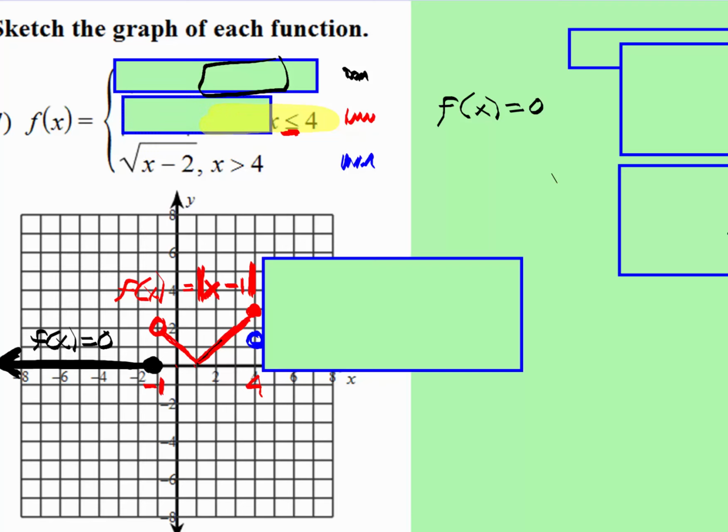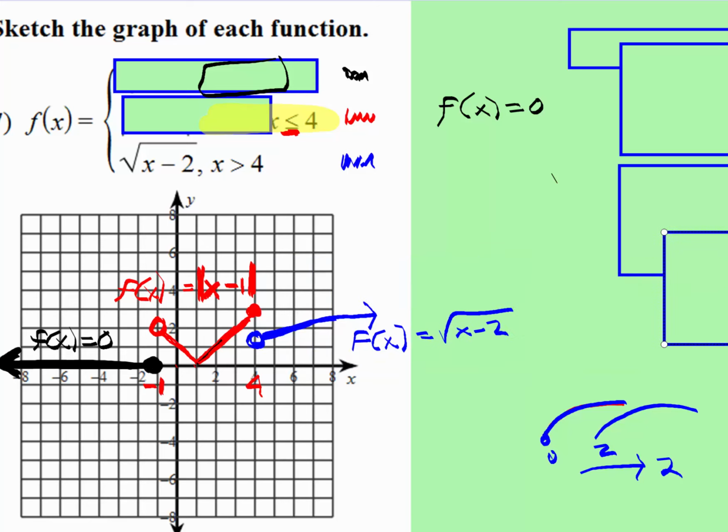And the third graph is a square root function. Let me change that to blue now. And it has been shifted, the opposite of -2, it has been shifted right 2. So instead of starting here at 0, this whole thing would get moved over starting at 2, and it'd look something like this.